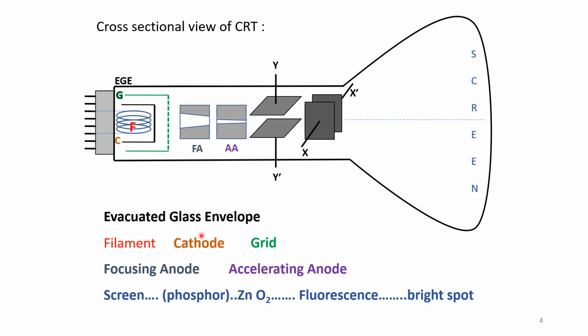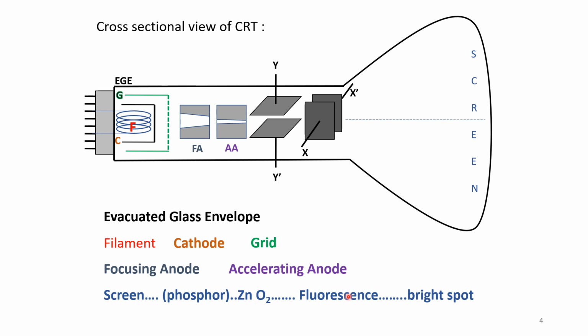And therefore, this particular electron beam reaches the screen, which is coated with the phosphor material. In some of the textbooks, they say zinc oxide or zinc sulfide, both of them are possible.